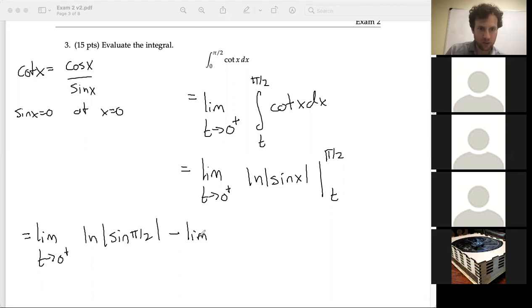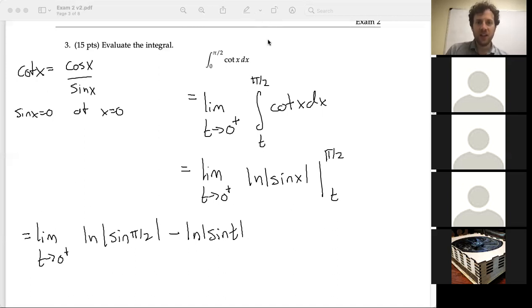Sorry, that's not the limit yet. This one's the natural log of sine t. So the question really comes down to, what does this part do?